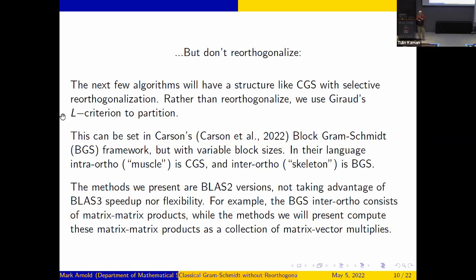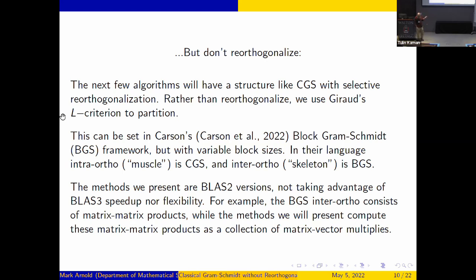That's called an intra-orthogonalization for the overall block algorithm. And then you have several alternatives for what you might use in the block modified Gram-Schmidt or the block Gram-Schmidt step. That's coming up in the next slide, so I'll get to it.